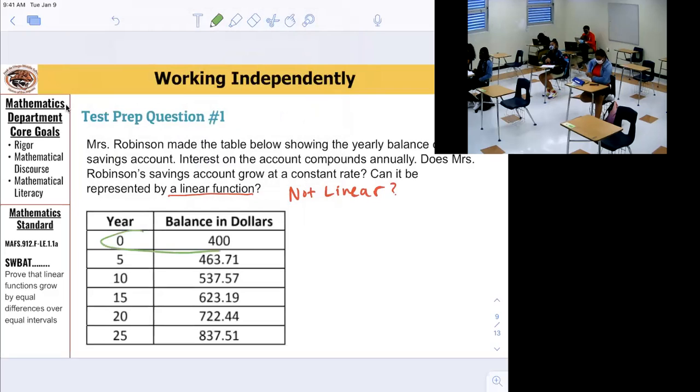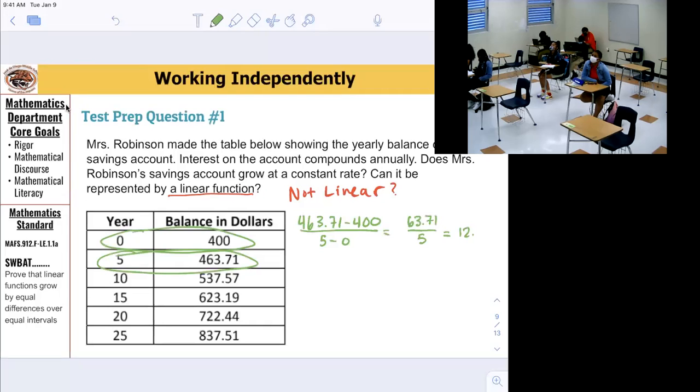So I'm going to start with my first 2 sets right here. So I have 463.71 minus 400 over 5 minus 0. 463.71 minus 400 gives me 63.71, and then 5 minus 0 is 5. And what do you get here? 12.742.